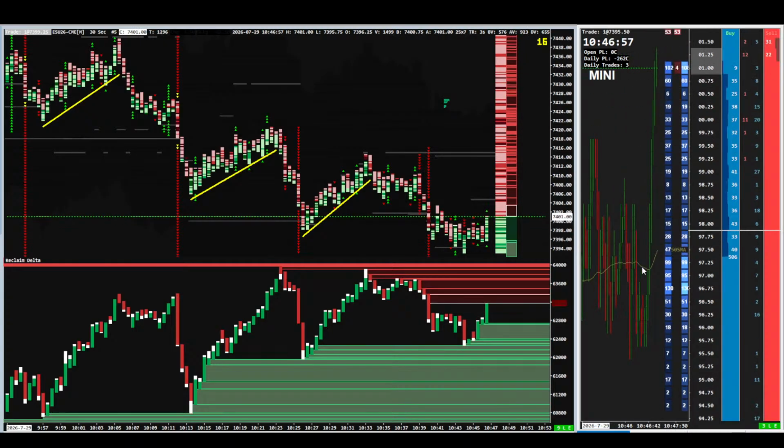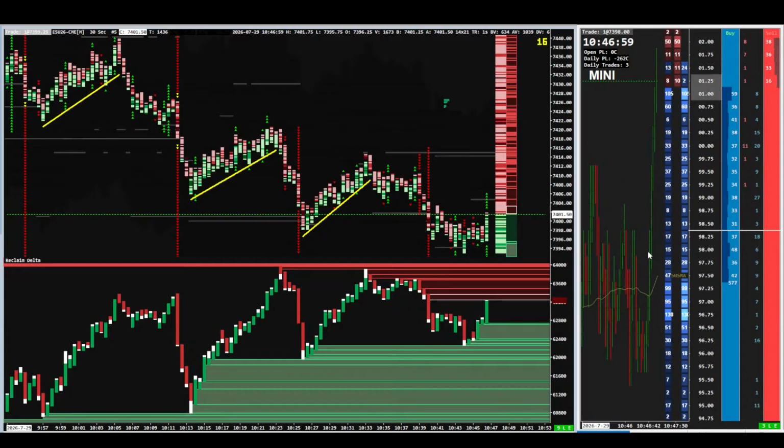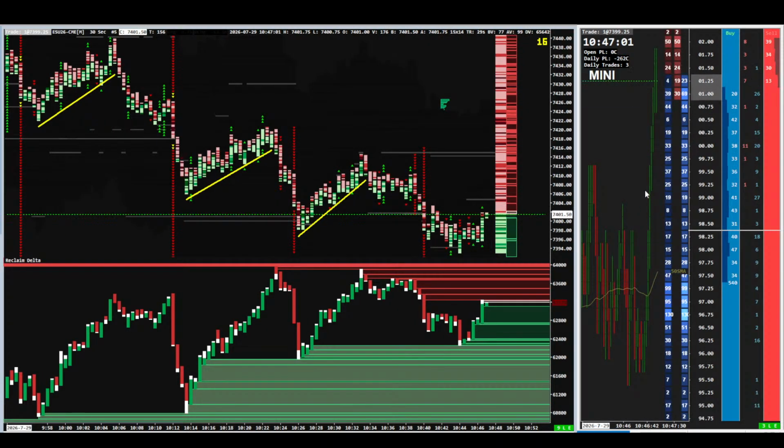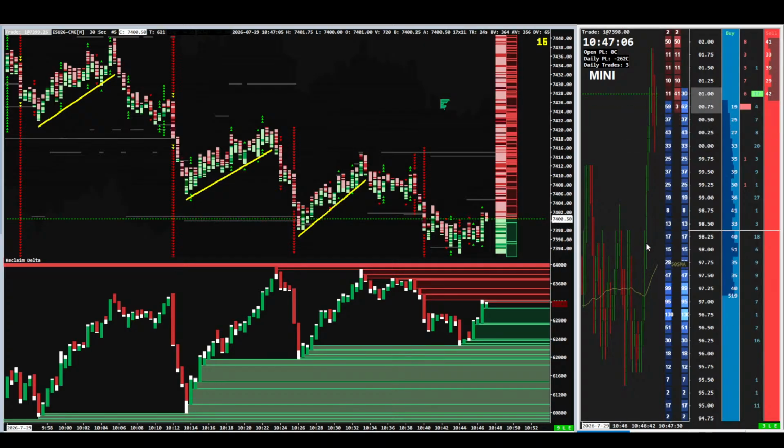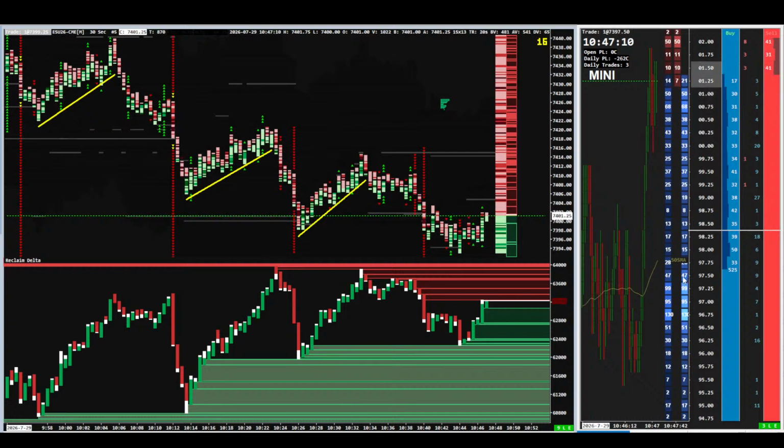They're starting to peek their head out of this nasty range. Yeah, they defended that. They're going back to the 6-7s potentially. If they go through 6-7s, it's on. We'll see how they defend it, though.